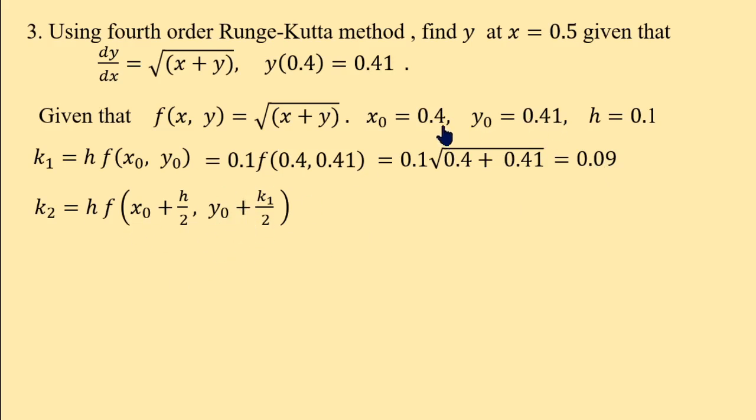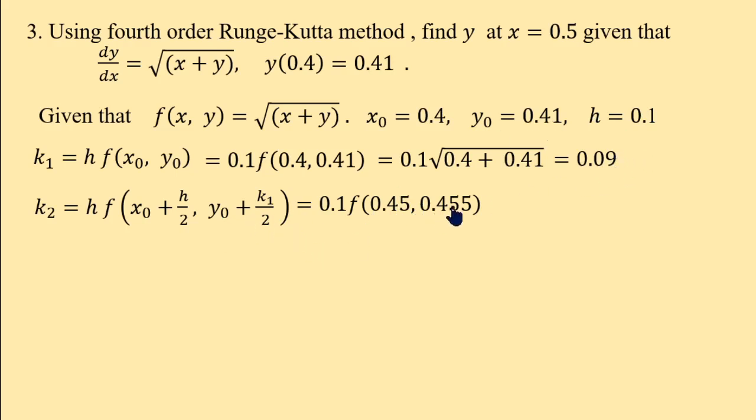x0 is 0.4 plus h by 2, 0.1 by 2, that is 0.05. Therefore 0.4 plus 0.05 is 0.45. Here h is 0.1 and hence k2 is 0.1 into f of 0.45, comma y0, that is 0.41 plus 0.09 by 2.